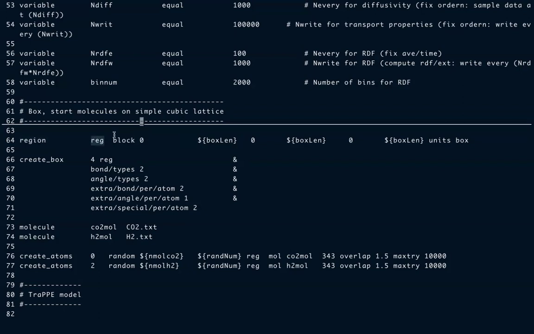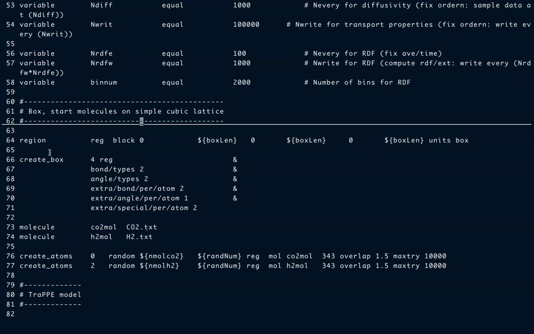This is the name of the region, and it's a block, and the limits of the block are between 0 and box length in the X direction, between 0 and box length in the Y direction, and between 0 and box length in the Z direction in the units of the box.